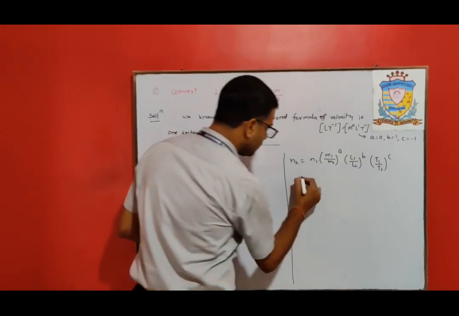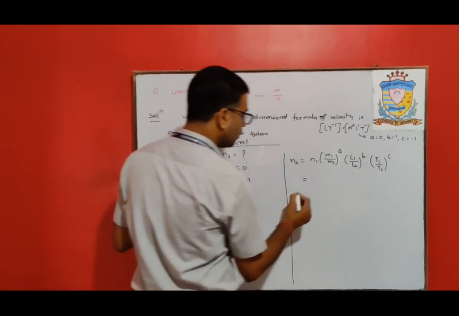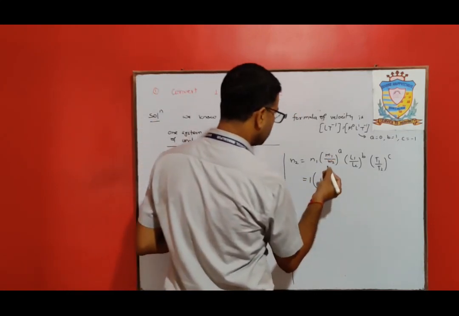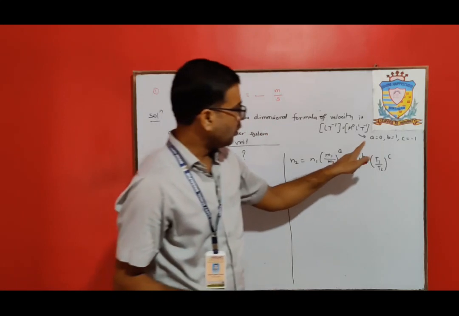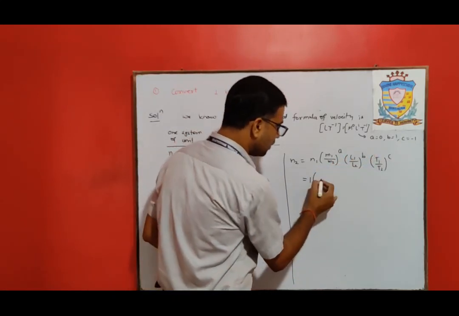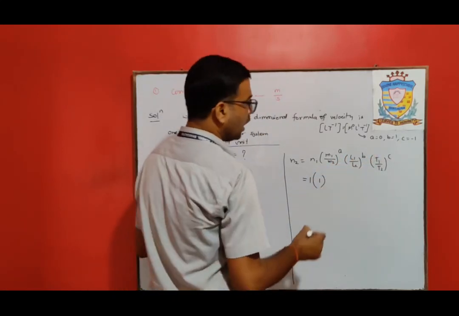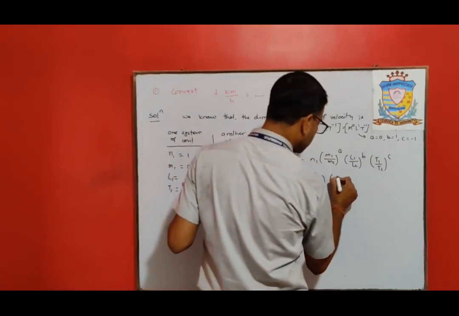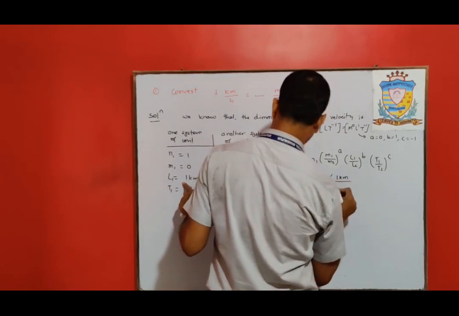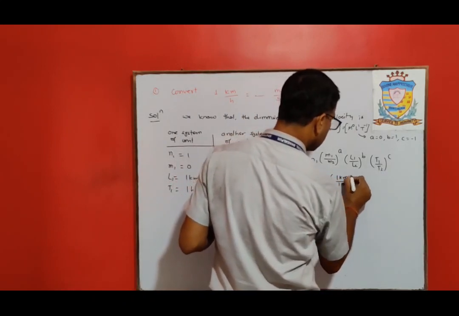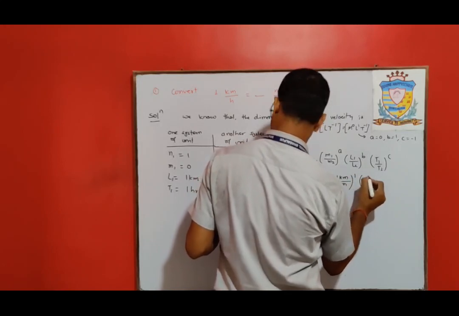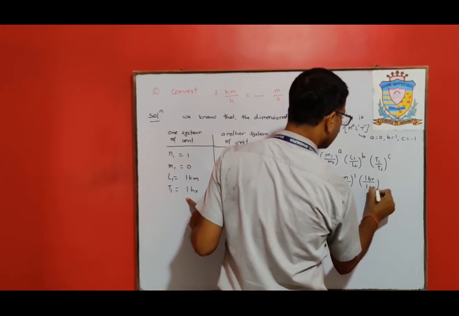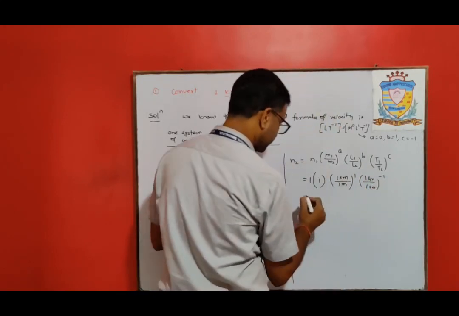Clear? So the value of n1 is given as 1, and since the value of a is 0, this whole quantity will become 1. Here L1 upon L2, L1 is 1 kilometer upon L2, that is 1 meter, the value of b is 1, and T1, that is 1 hour, upon 1 second whole to the power minus 1.